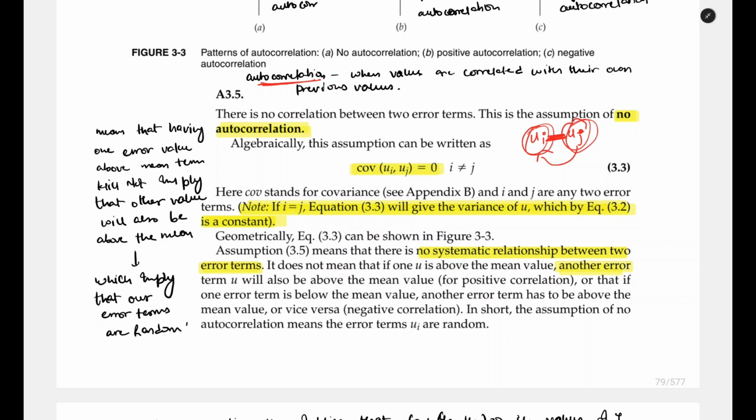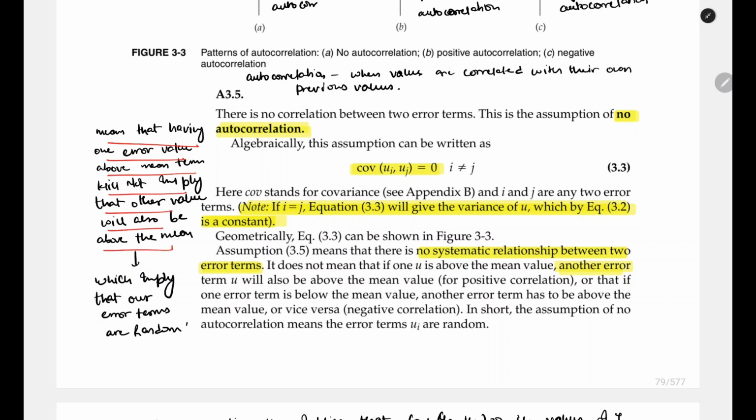So here we do not want this, and so we have the concept of no autocorrelation. That is, we assume that this thing does not happen. Our values are not correlated with their previous values. Having one error value above the mean term will not imply that all the other error values are above the mean term.